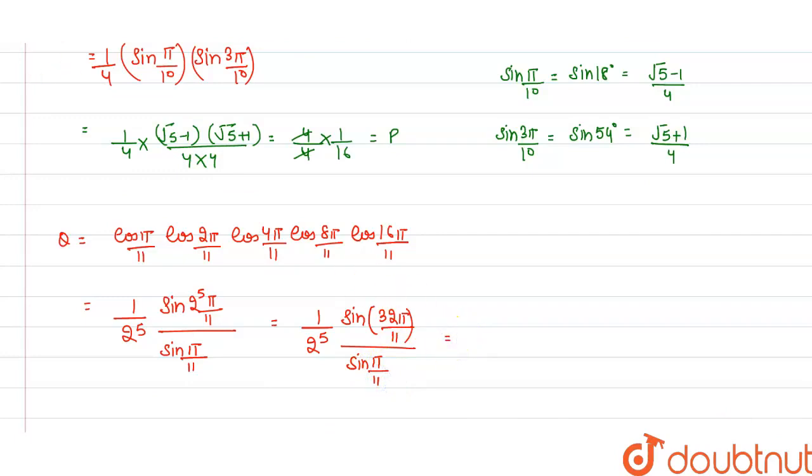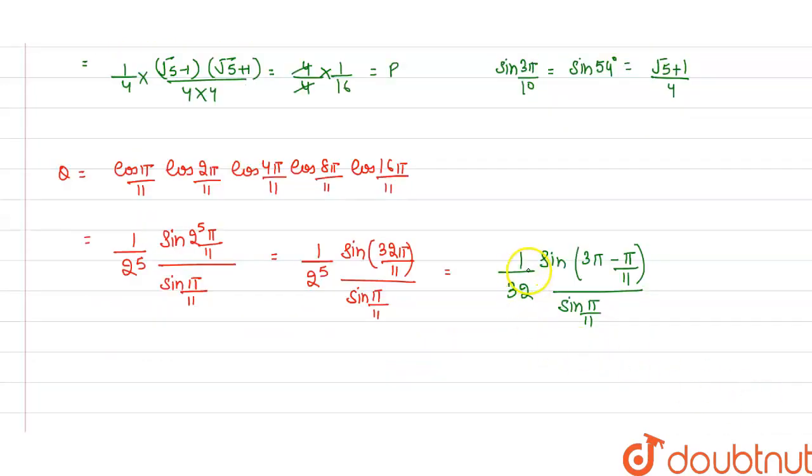Now sin 32 pi by 11 we can write as sin of 3 pi minus pi by 11, divided by sin pi by 11.